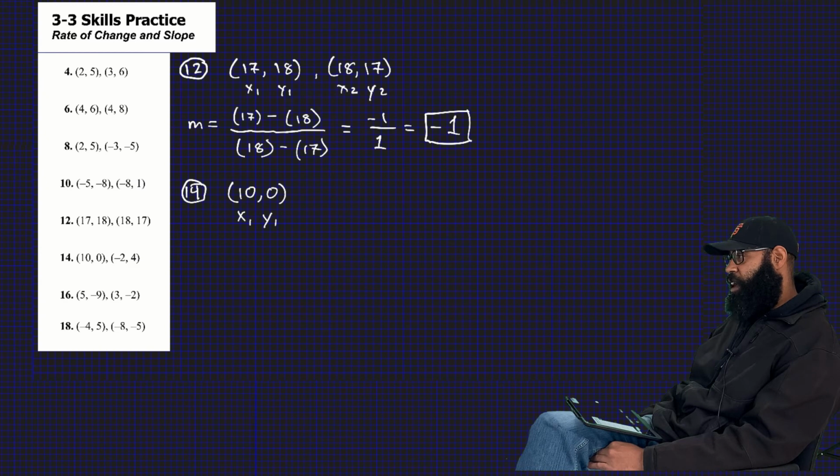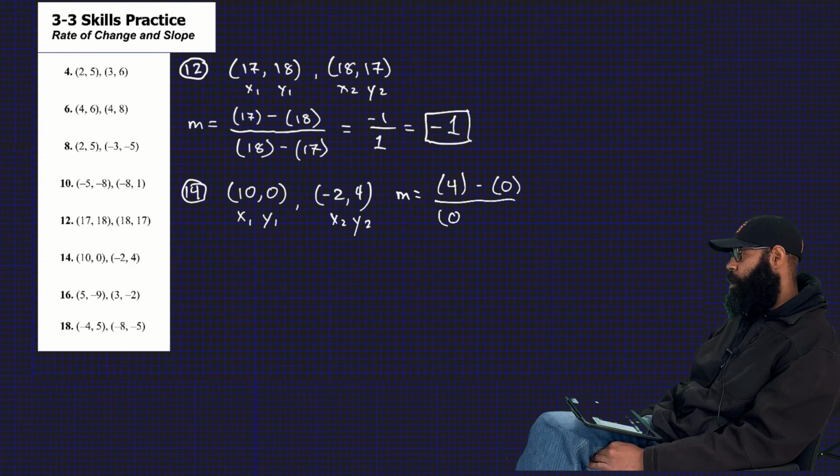Number 14, as I recognize, x1, y1 is the coordinate 10, 0. The second coordinate, x2, y2, would be negative 2 and 4. So, keeping with the routine, slope is equal to, looks like I'm going to choose y2 minus y1, 4 minus nothing, and then go ahead and divide all of that by x2 minus x1, negative 2 minus 10.